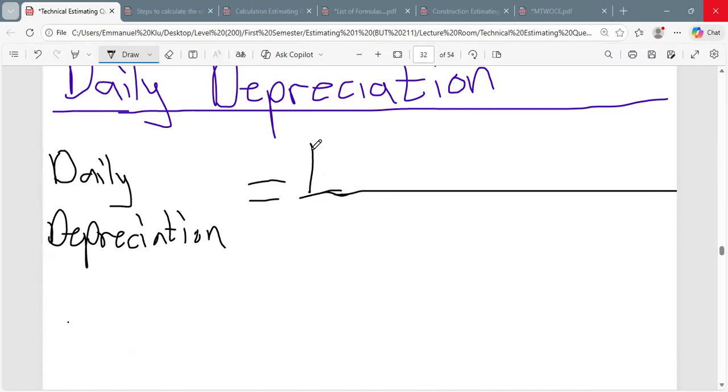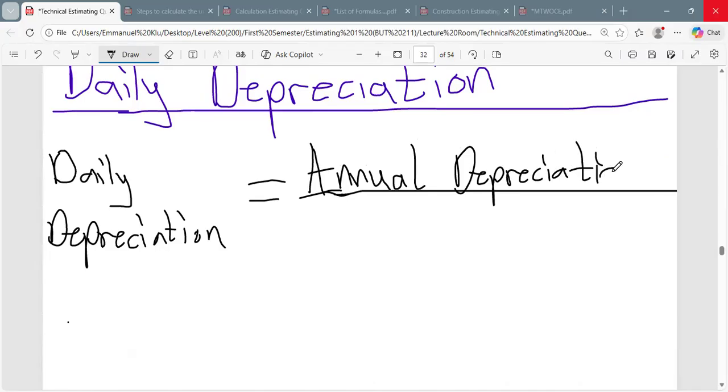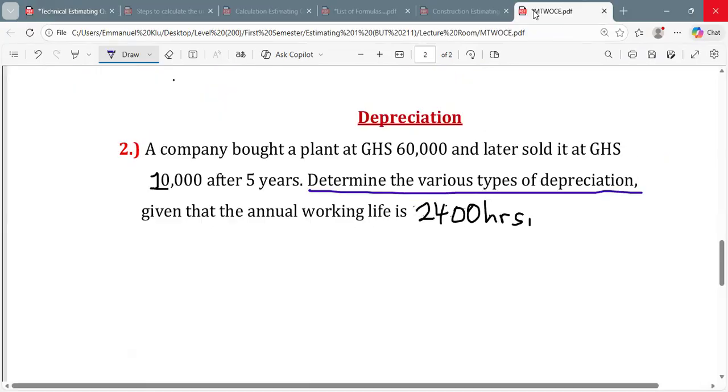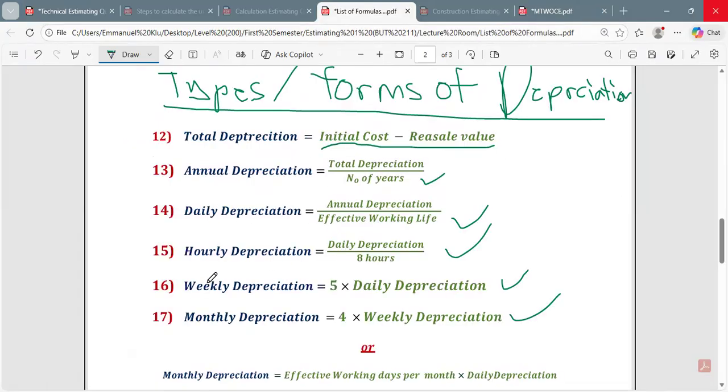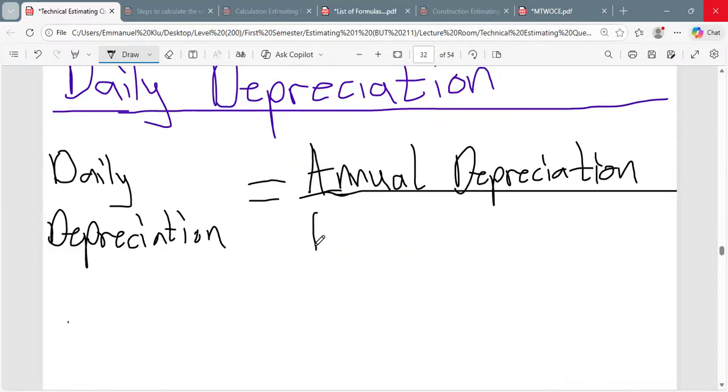So that is the annual depreciation. Depreciation came in last year's question, so please take it serious. Annual depreciation all over the what? Effective working life. Okay, all over the effective working life.